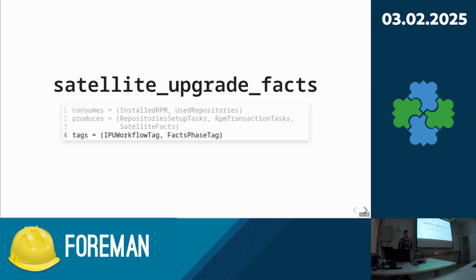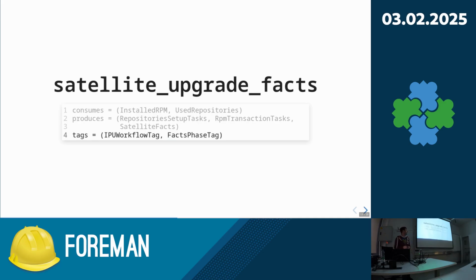And I have tags. Tags are there for placing my actor in one of those phases that I've shown earlier. And forgive me that it says facts phase, because as I said, there are more phases than just analyze, report, and upgrade. But for our sake, it's just facts and analyze. That's the same thing.